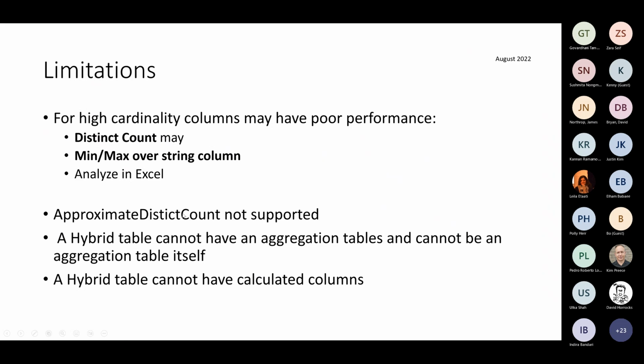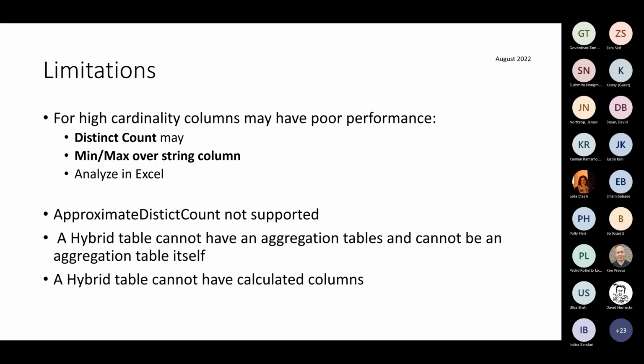Approximate distinct count is not supported. I think the reason for this is that now you have two chunks going on and one part is in DirectQuery, so this cannot be efficiently done. The other limitation is that a hybrid table cannot be used as an aggregation table, and it itself cannot have aggregations.